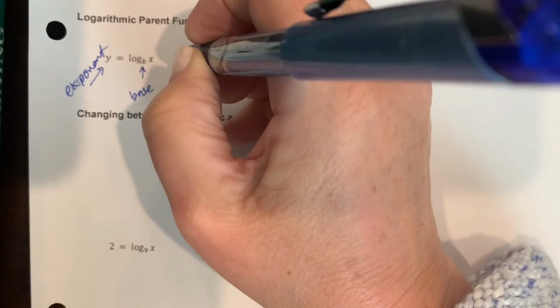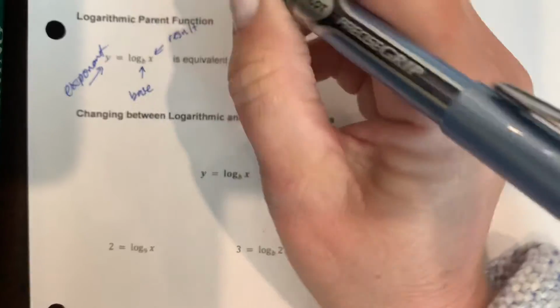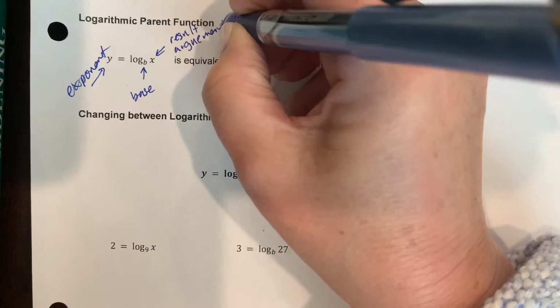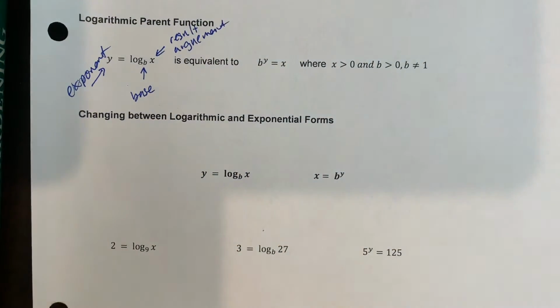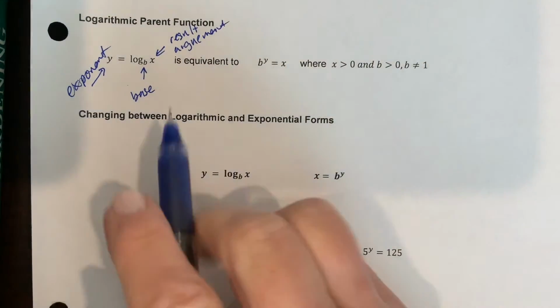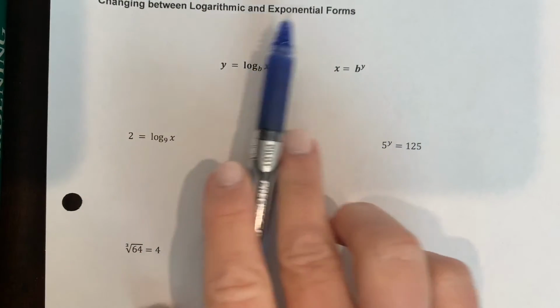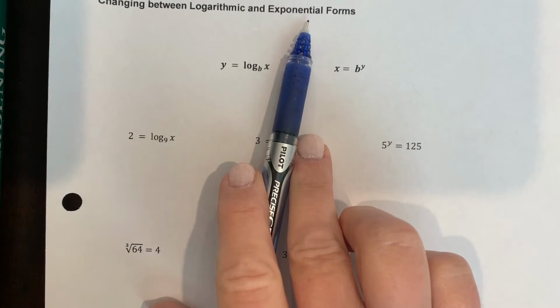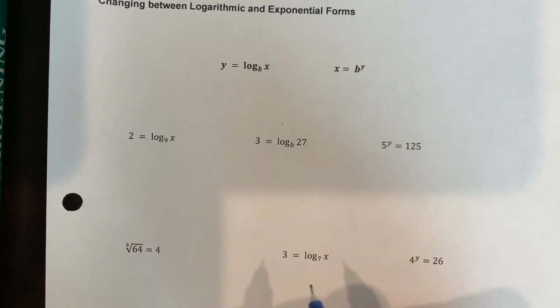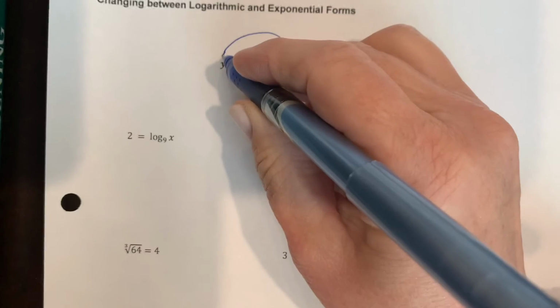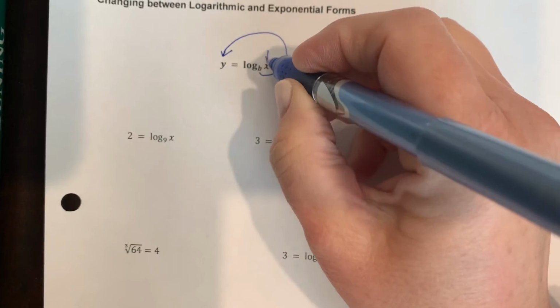And then this is the result, which a lot of times they'll use the word argument. Don't really like that, but there you go. So if it says changing between logarithmic and exponential functions, it's really pretty easy. You're going to take this base, raise it to that power, and then this is your answer.